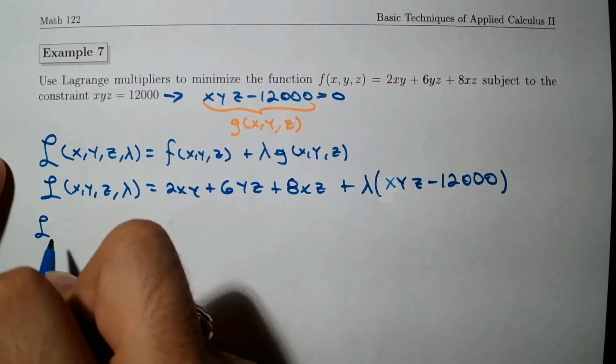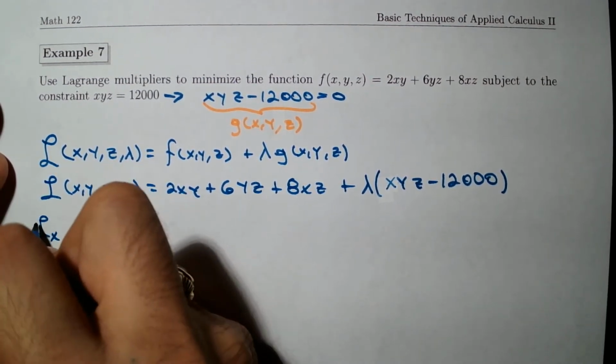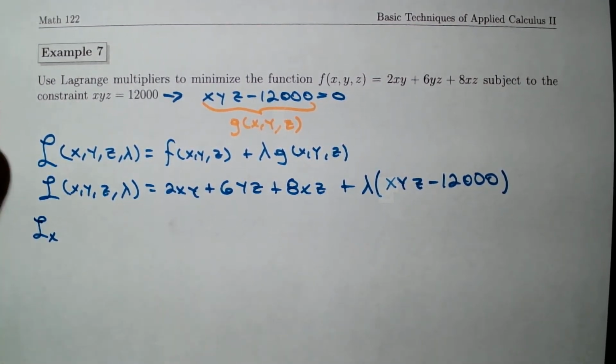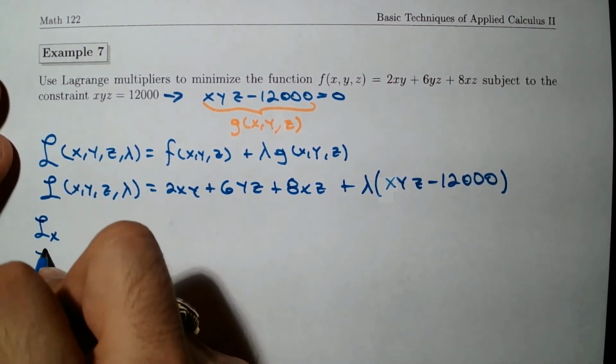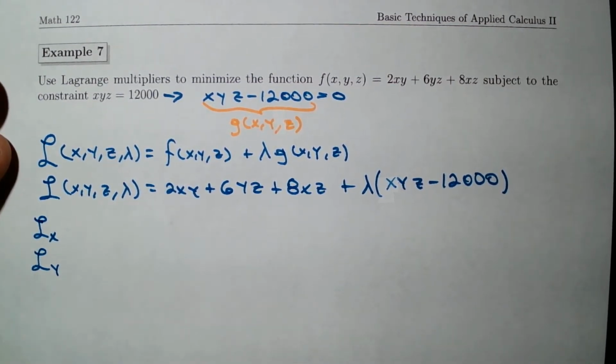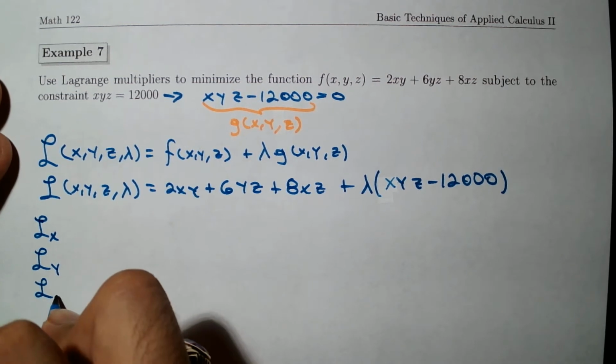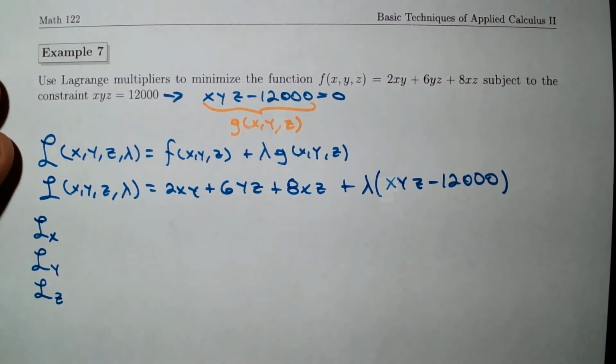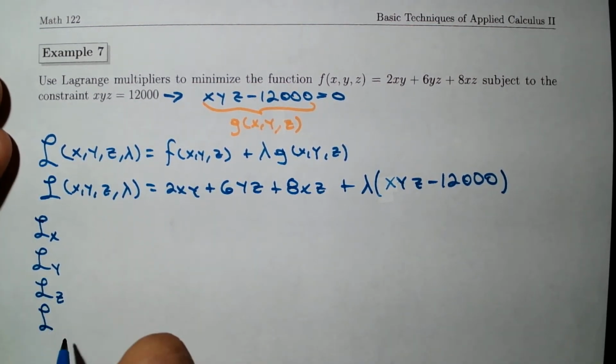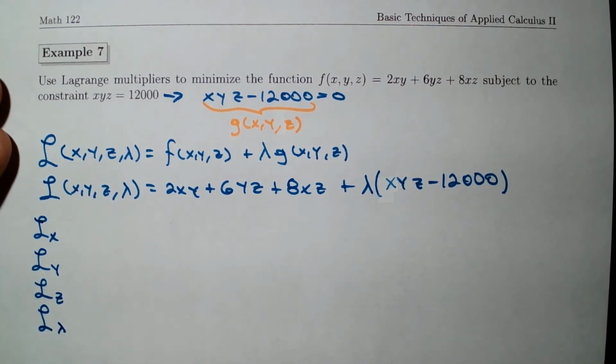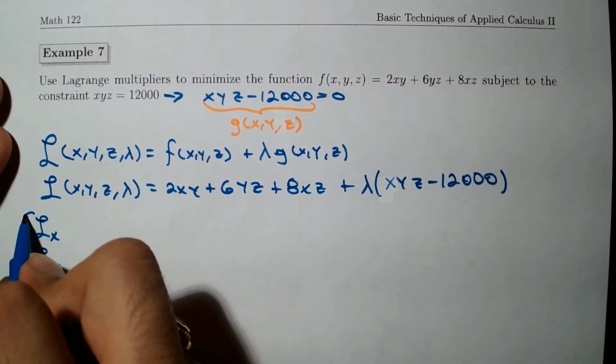But still, we need the partial derivative of the Lagrangian with respect to x, with respect to y, with respect to z, and with respect to lambda.